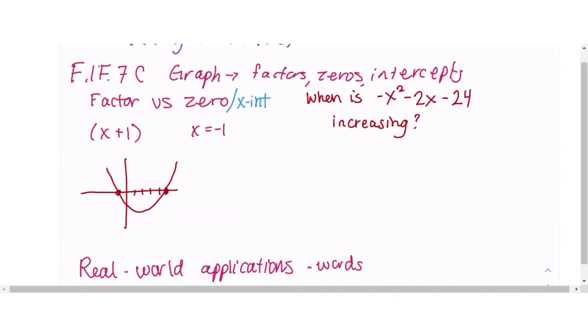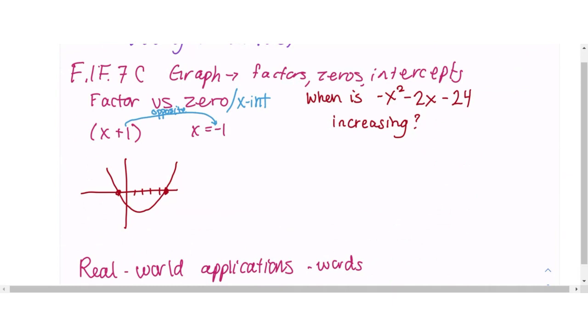For our purposes, it's so much easier to consider them the same thing, which I know other mathematicians might be angry with me about, but I'm okay with that. So if we have a factor like x plus 1, the zero for that is negative 1. And you might notice that to go from 1 to negative 1, it is the opposite.